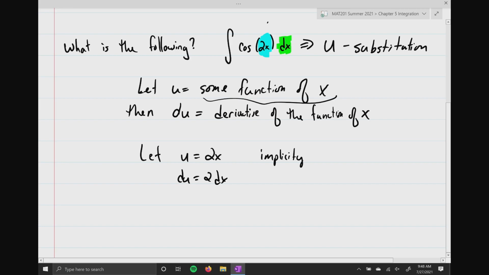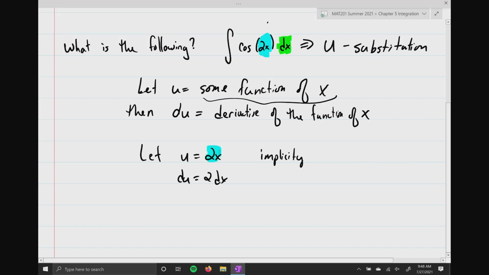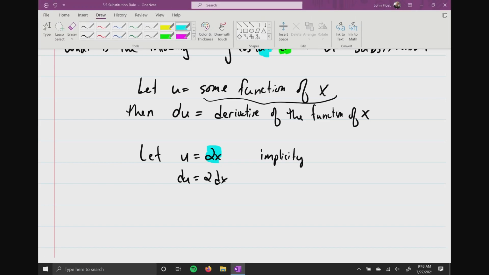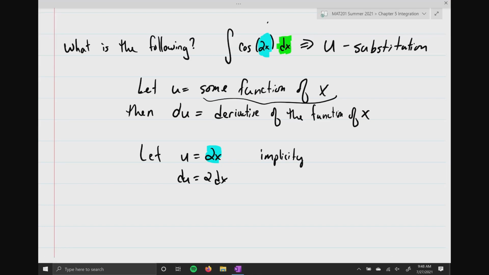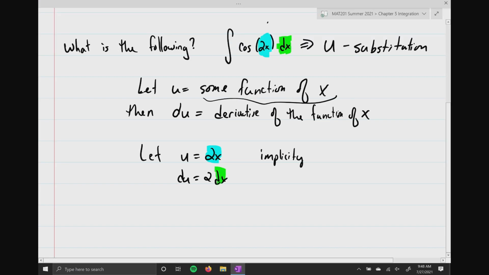In other words, I got the 2x. I have that. The issue here is, and this is my thing, all right, we got the dx here. Sorry, I thought I changed that to green. We got a dx.